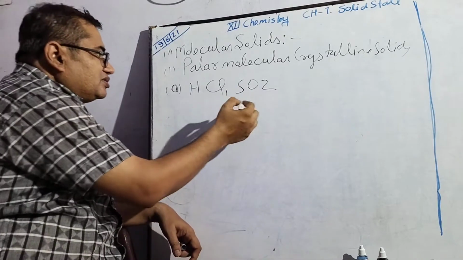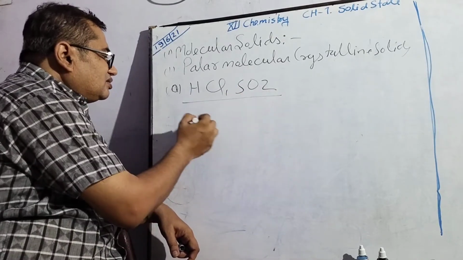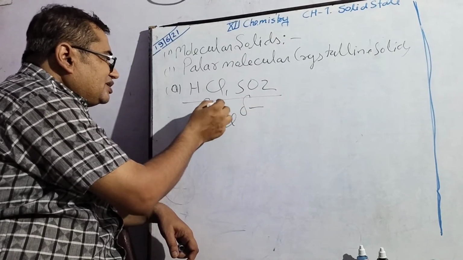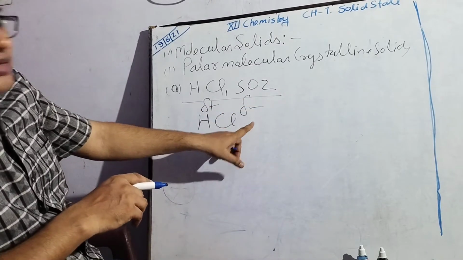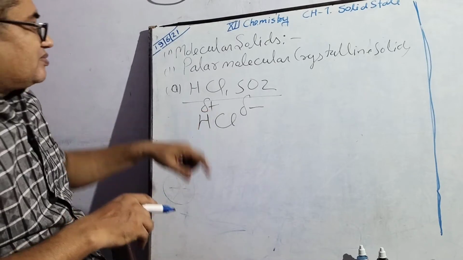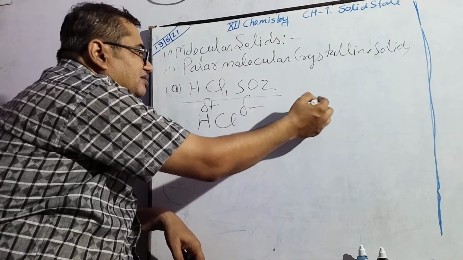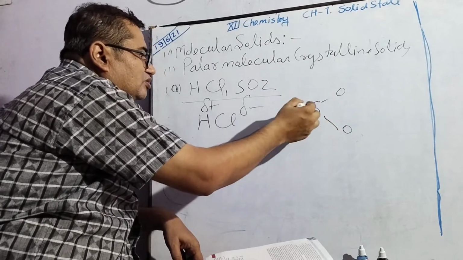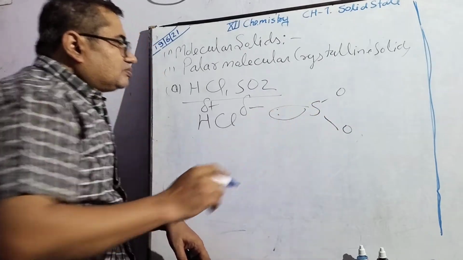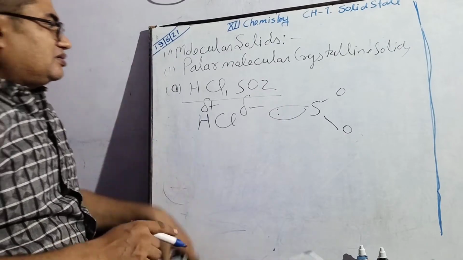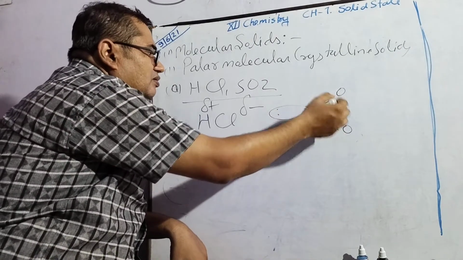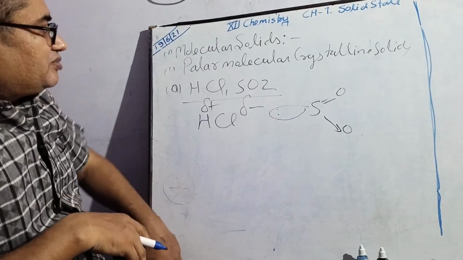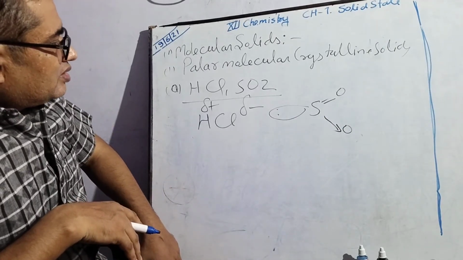Why? Because in these compounds polarity is present, due to partial negative charge and partial positive charge. In SO2, a lone pair is present. One is this kind of bond and one is a coordinate bond.